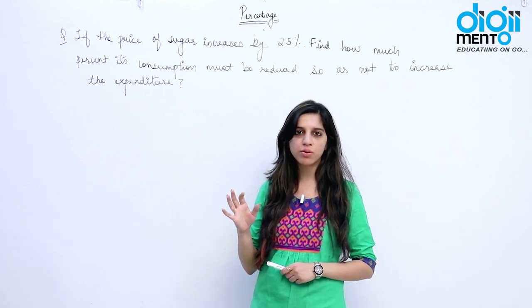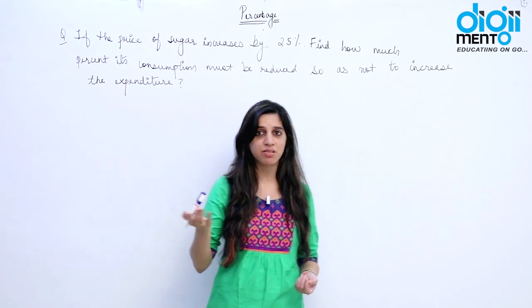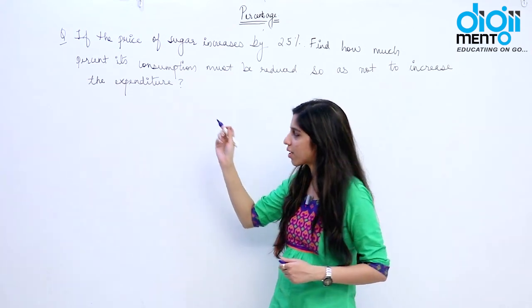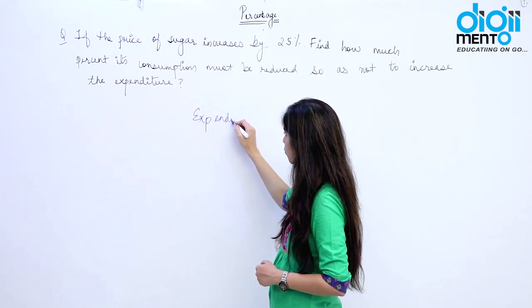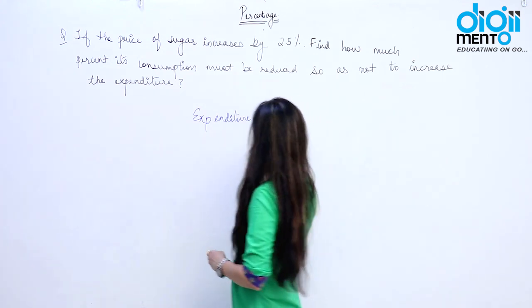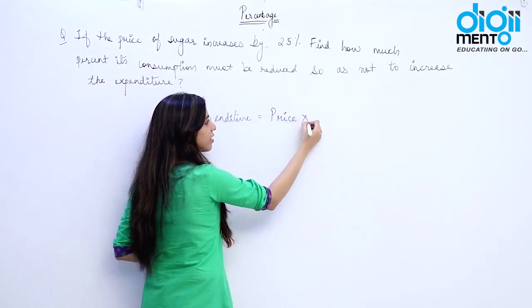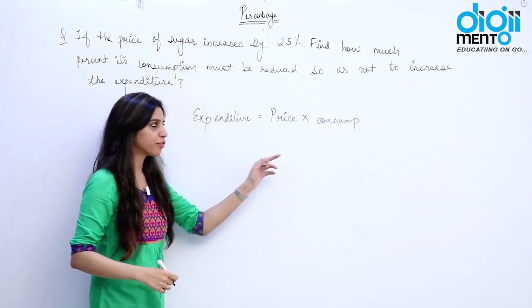Accordingly, they are asking how the consumption of the commodity should increase or decrease so that total expenditure remains the same. The concept we are using is that expenditure is price of the commodity into consumption of the commodity. It is the product of these two.